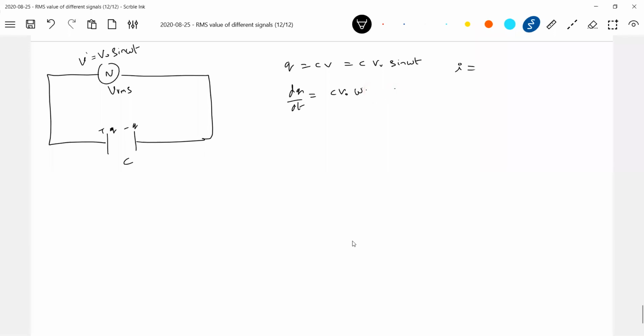Differentiation of sine will be cos omega t. I'll write this in the Ohm's law form. I'll bring in a quantity called Xc, multiplied by cos omega t. What is Xc? Xc, shall I write, is 1 by omega C?